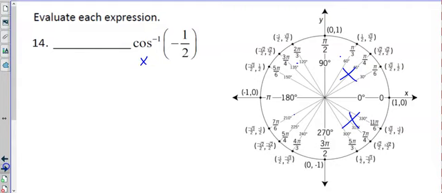We're going to find that in two places. We're going to find it right here, and we're going to find it right here. So our two answers are 120 degrees and 240 degrees. That one's done.